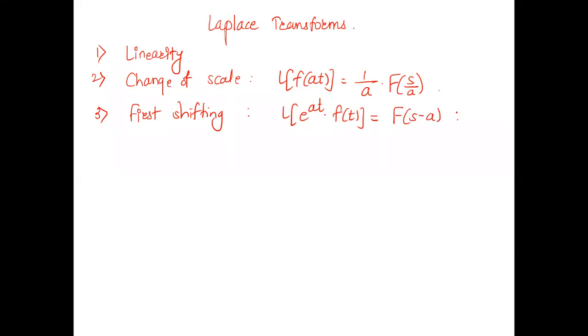So these are the properties. Linearity: Laplace of k1 f1t plus minus k2 f2t, then we can just separate it as k1 into Laplace of f1t plus minus k2 into Laplace of f2t. So these are the three properties we have seen.